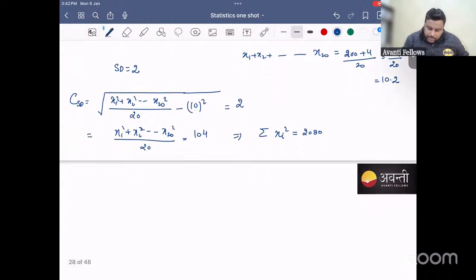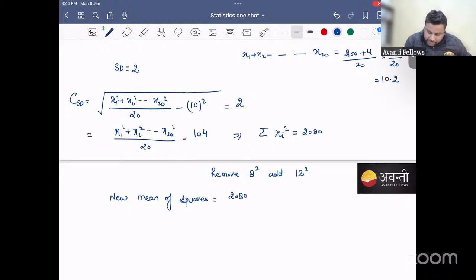Got it? Now remove 8, add 12. Even remove 8 square, add 12 square. So the new mean of squares will be 2080 minus 8 square plus 12 square, whole divided by 20.